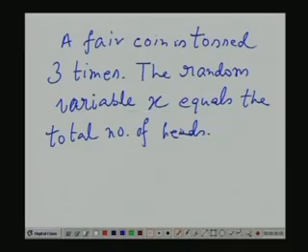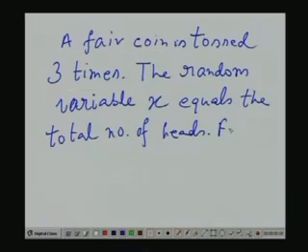Obviously, x can be equal to 0, which means on no occasion you got a head; x can be equal to 1, which means one of the 3 tosses gave rise to a head, the other 2 tails, and likewise. So, the question asked is to find the following.